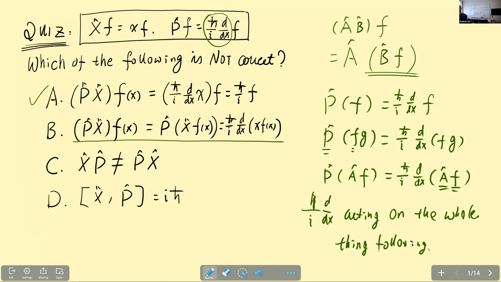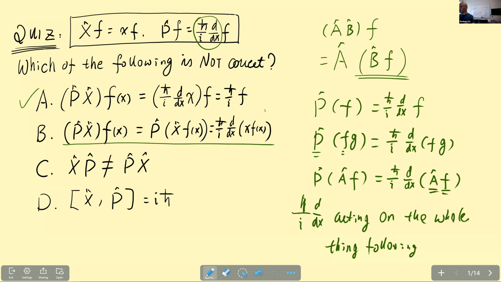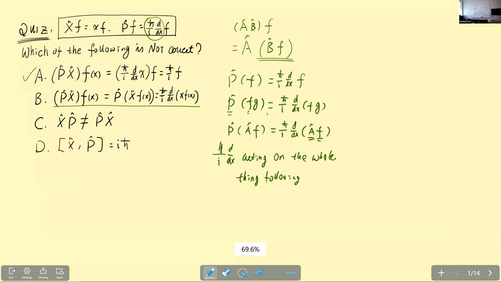Not just acting directly on the right of it. If you really want to say that this one acts only on f, what do you do? You write this as (Pf) with a bracket right here, and then g.